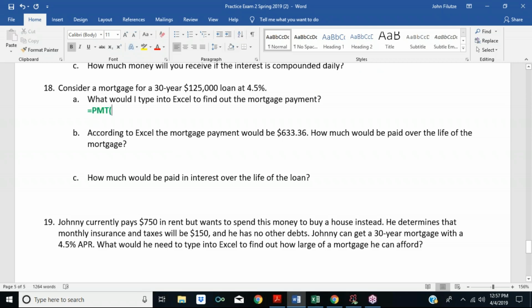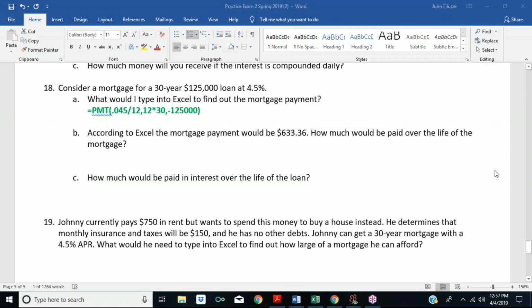So PMT, and then it's the rate divided by 12 because it's monthly for a mortgage payment. 12 times the number of years, and then negative of the amount you're borrowing. So that's what we would put into Excel. And if we did that, we would get out 633.36.